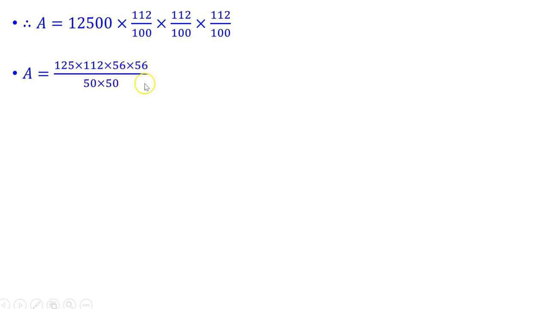Again the simplification. We can divide these two ratios by 2, taking 2 as a common factor. Therefore, A is equal to 125 into 112 into 56 into 56 upon 50 into 50, and therefore A is equal to 5 into 112 into 56 into 56 upon 100.